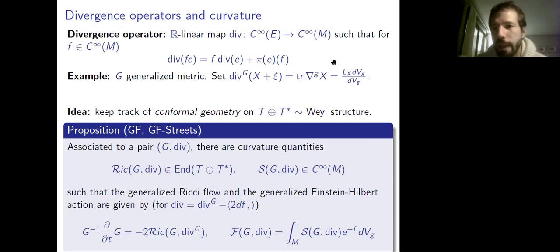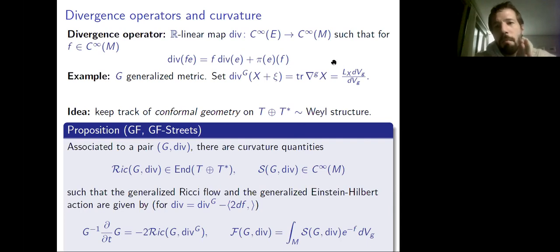And quite surprisingly, I will explain why next day, if one tries to just follow the path that one usually uses in Riemannian geometry, then it cracks, it doesn't work. So what do you do in Riemannian geometry?